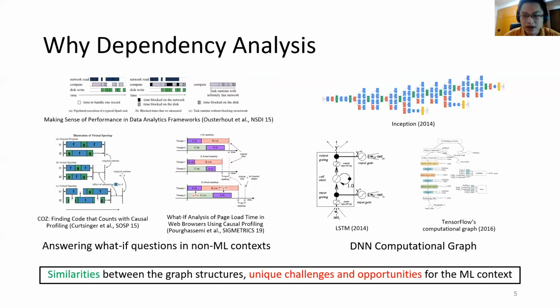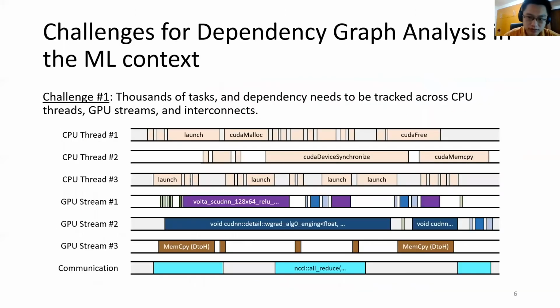However, we identified several unique challenges when using this approach in the machine learning context, and there are also opportunities. The first challenge is that we need to build a graph with nodes at the abstraction of GPU kernels. Here's an example showing what the low-level execution timeline might look like.